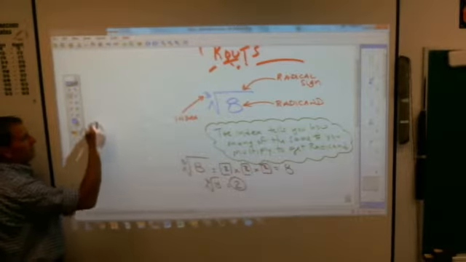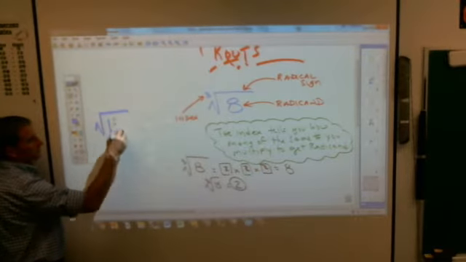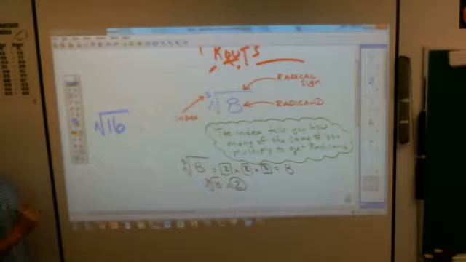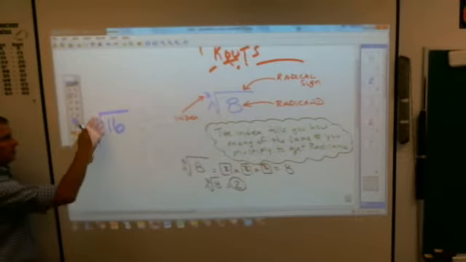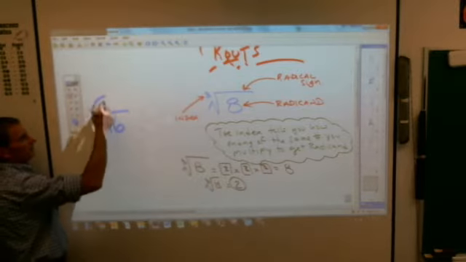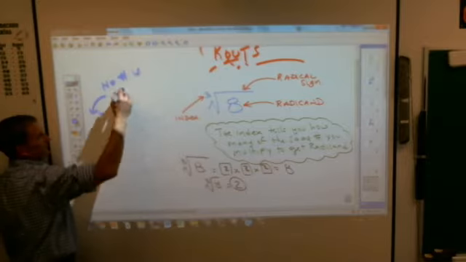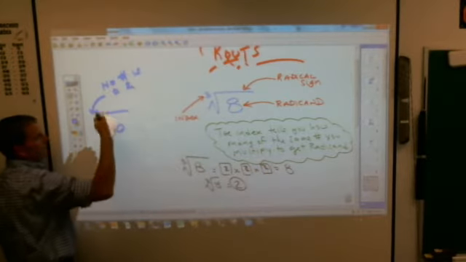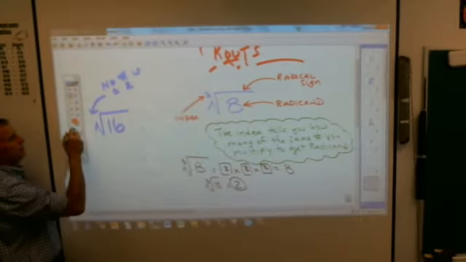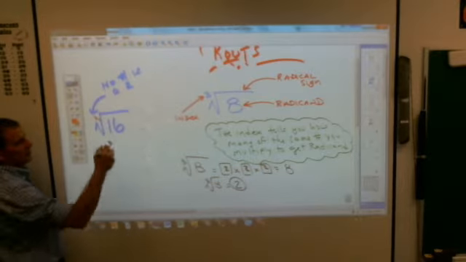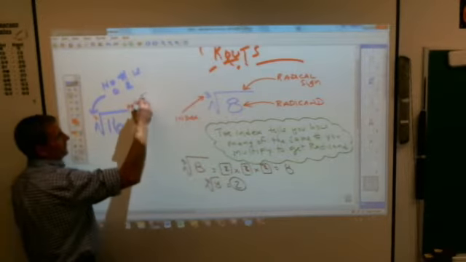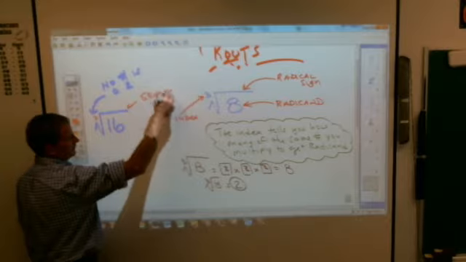Now if you come up with this. If there is no index number, if there's no number up in this little corner, if you don't see a number up there, it's an assumed 2, and we call that the square root of 16.